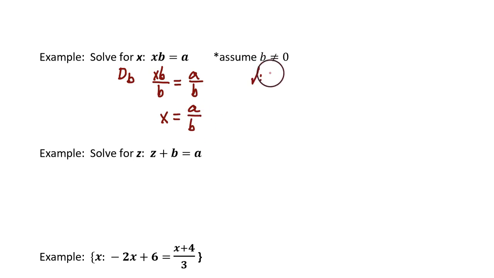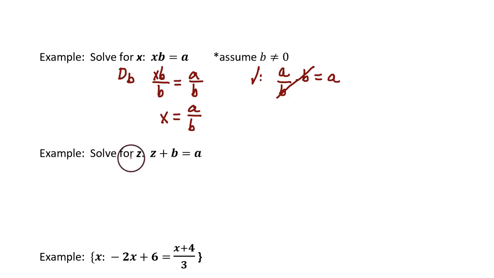Let's check that that's correct. In place of the letter x in the original equation, substitute our potential solution, a over b, and copy everything else the same. Now let's see if the left side is equal to the right side. A b in the denominator and a b in the numerator cancels away. A equals a.